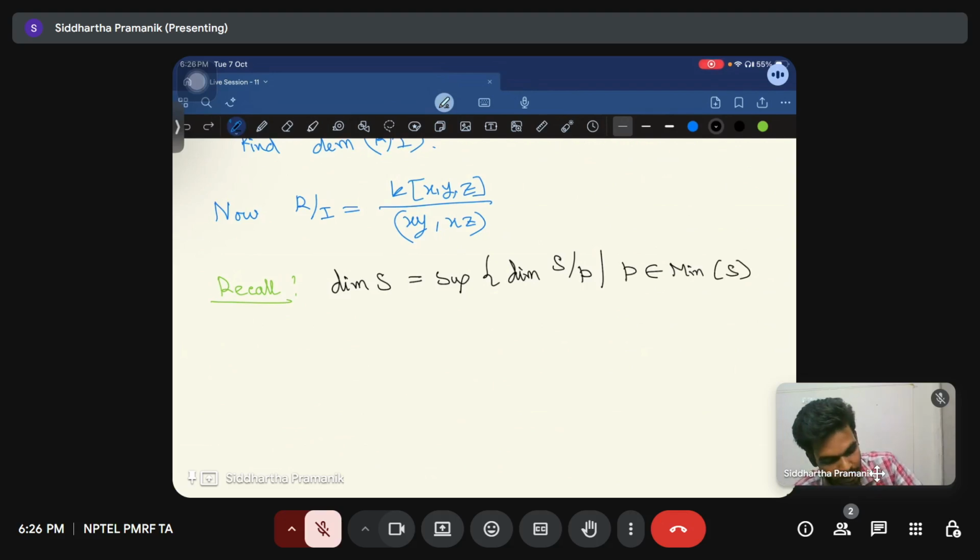This is something we have already seen, or if you have not seen, you may try to prove this. This is a very simple formula. So we will use this one.